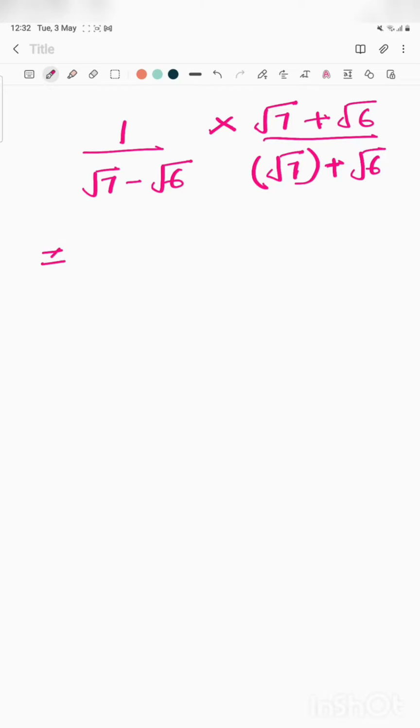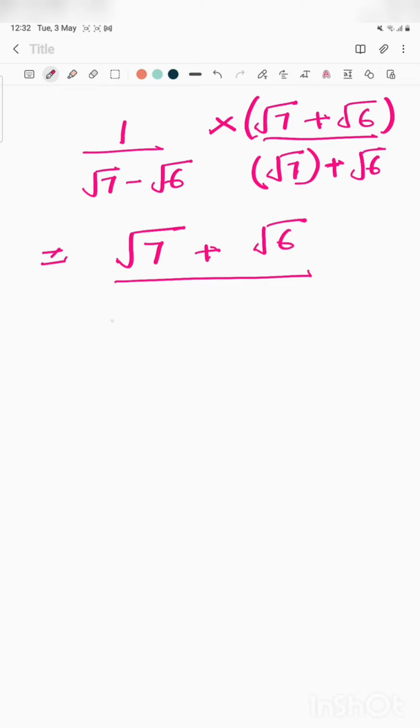Okay, so in the numerator again 1 into root 7 plus root 6 will give you root 7 plus root 6, and in the denominator again we'll apply the identity a plus b into a minus b. It will give you root 7 whole square minus root 6 whole square.